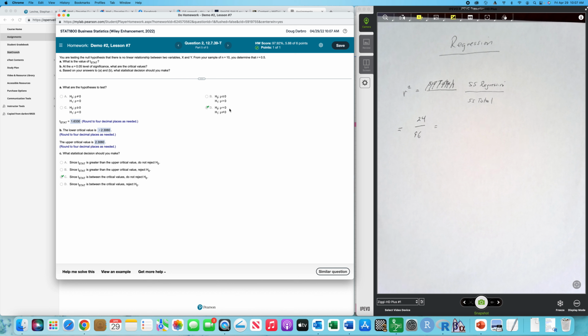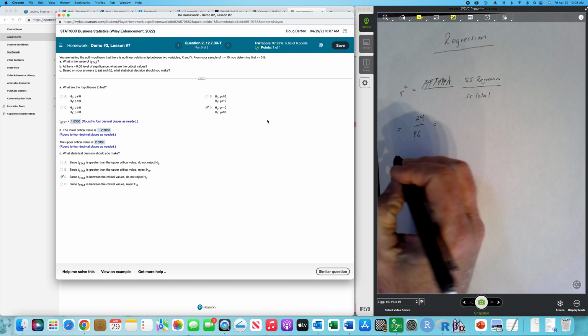Remember, if we're testing mu, we use x bar. If we're testing a proportion, p or pi, we use p hat. If we're testing a statement about a correlation coefficient, the parameter value is rho, and the sample estimate is r. So again, we're testing rho equals 0 versus rho not equal to 0.